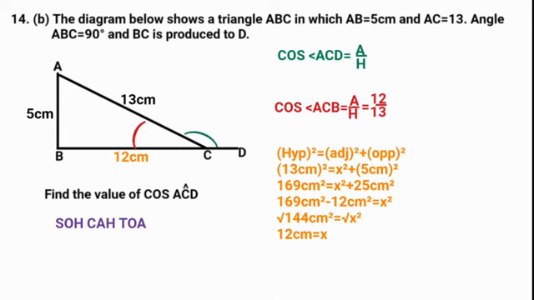Okay, so now we need to find the cosine for angle ACD. We have found the cosine for angle ACB. Now we need to find the cosine for angle ACD.